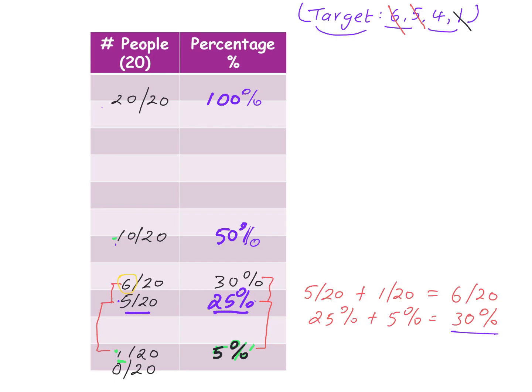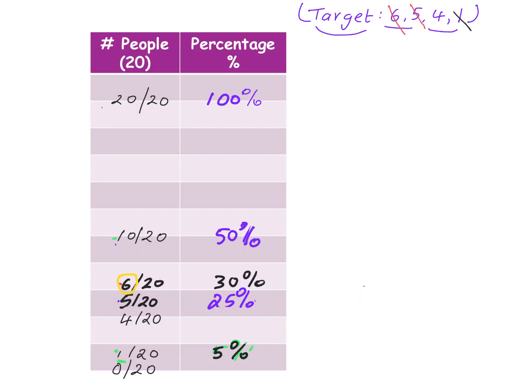That just leaves us with the 4 out of 20 to convert to a percentage. Here I can multiply the 1 by 4. That will get me to 4 out of 20. And then I can just multiply the 5 by 4. And that will get me to 20%.